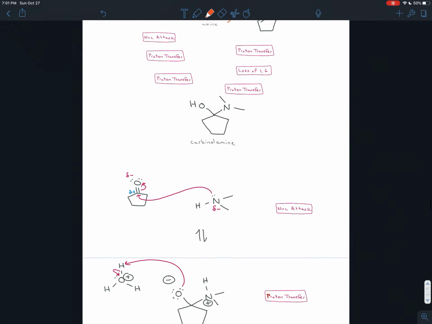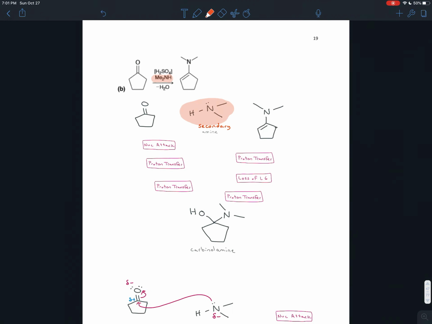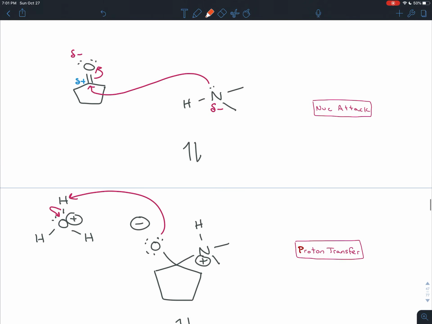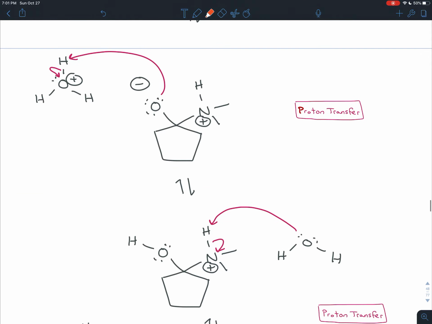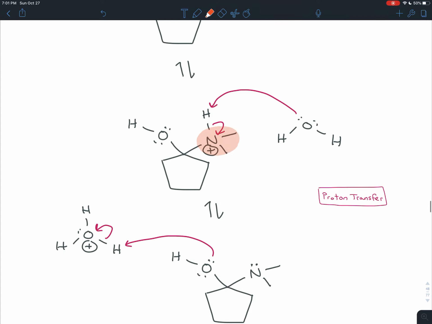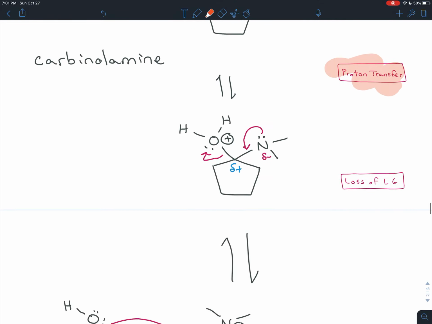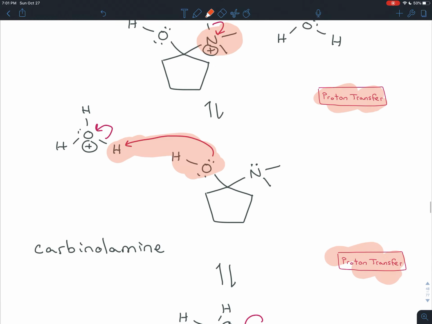So to recap what we did there, we followed all the same steps as for imine formation, but we watched out because we had a secondary amine. We do nucleophilic attack with the secondary amine. That produces charges. We stabilize the negative charge with a proton transfer. We stabilize the positive charge with a proton transfer. We want to kick the oxygen off. It's a bad leaving group, so we make a better leaving group with a proton transfer.